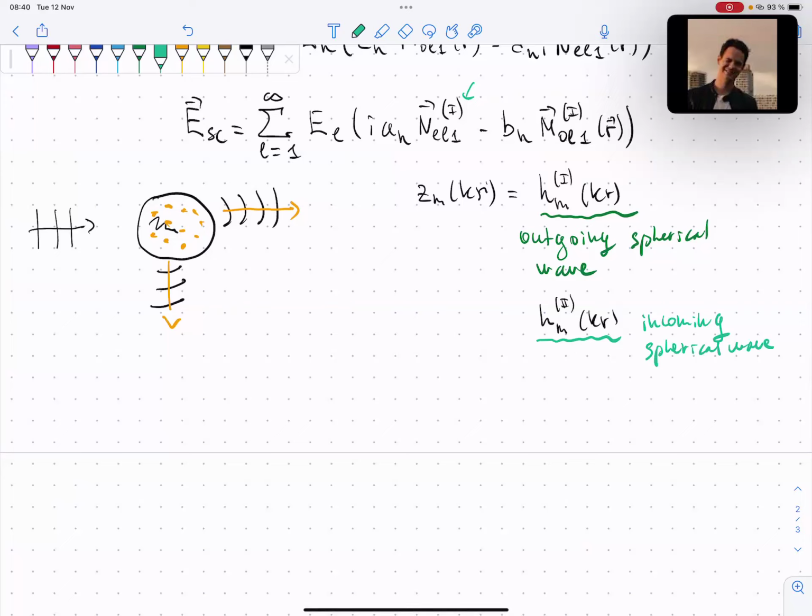So this is just to satisfy the boundary conditions at infinity. Okay.